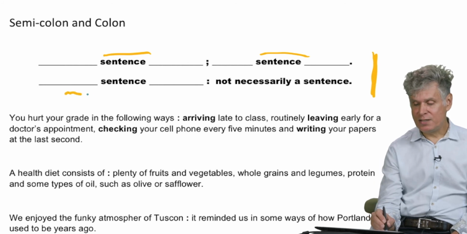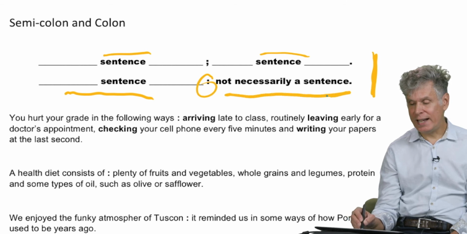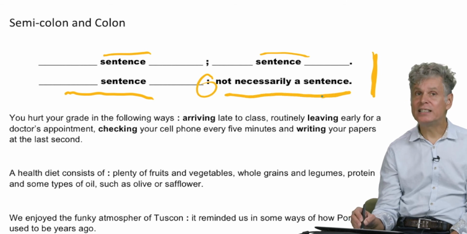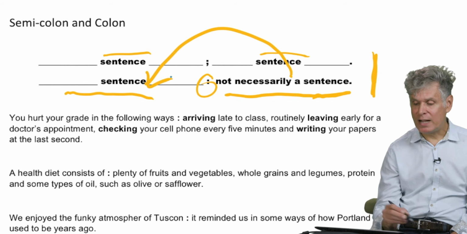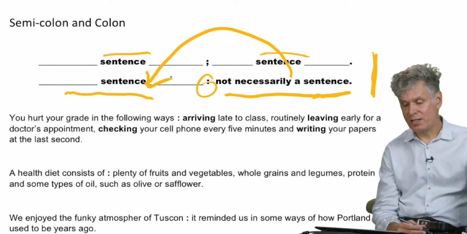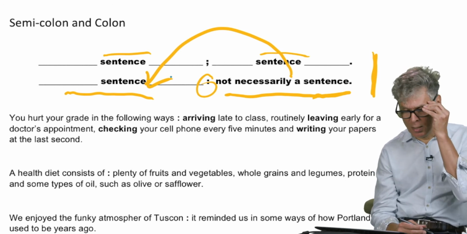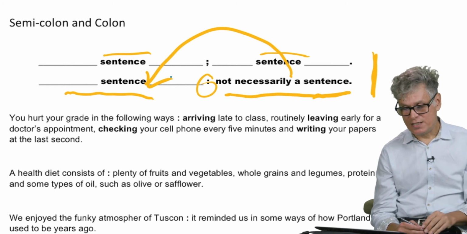The colon is a little bit more specific. So you have this sentence and then you have your colon, and then what comes after can be a sentence, frequently is not a sentence, and it will always tell you more about what's talked about prior to the colon. So I have some examples. This is not about you personally, it's just a sentence I wrote.